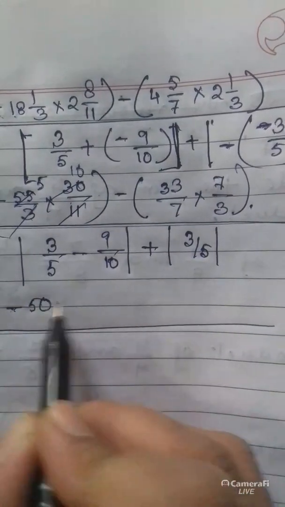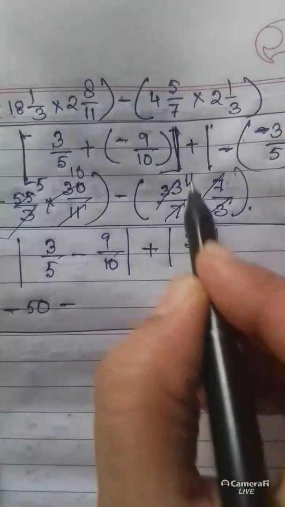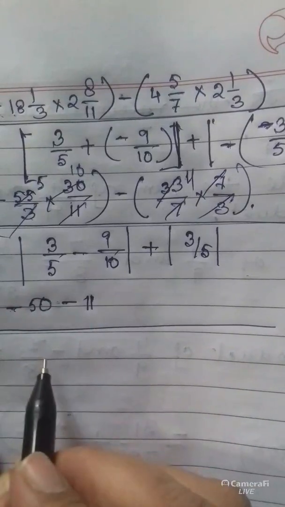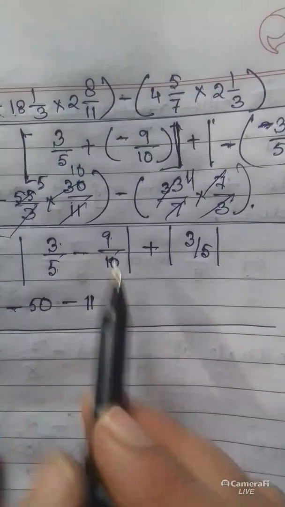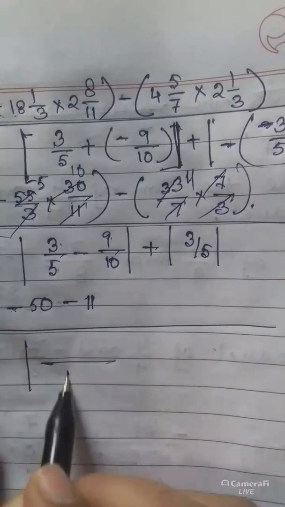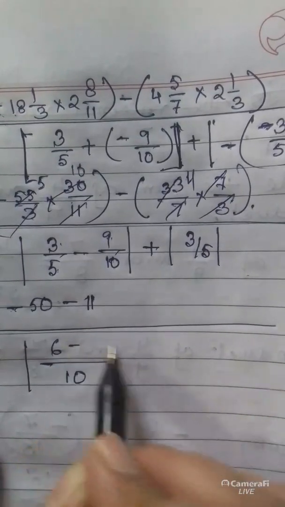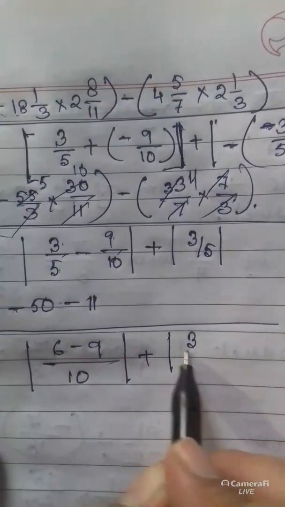Minus 50 minus 7 cancel, 3 11 minus 11 by 3 by 10 minus 9 by 10, LCM. Minus 9 plus 3 by 5.